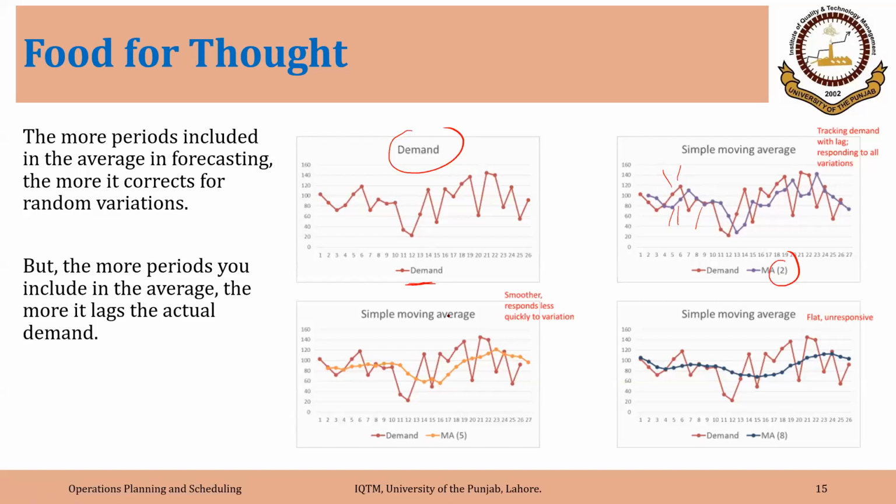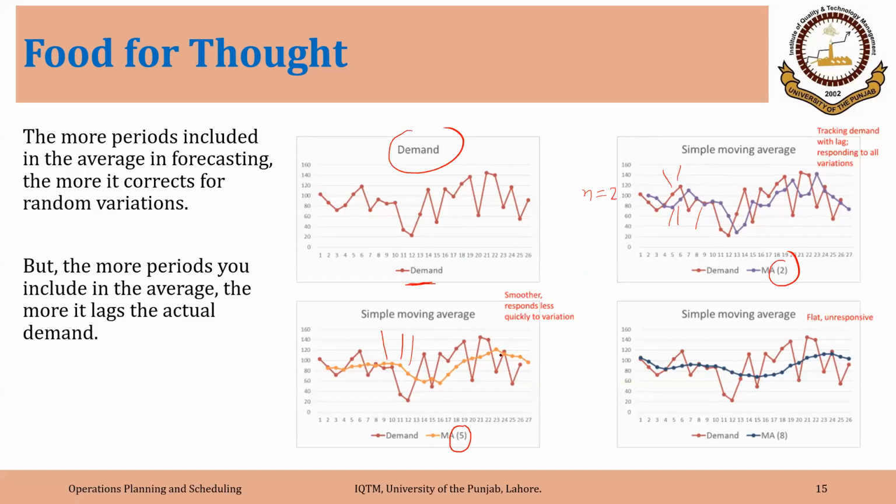Now, as we increase n, the number of periods, for example, if we make it 5, if we take the average of the previous 5 months demand, then you can see that the forecast, this line in orange color, does not react to the changes in demand the way it did when n was small, equal to 2.